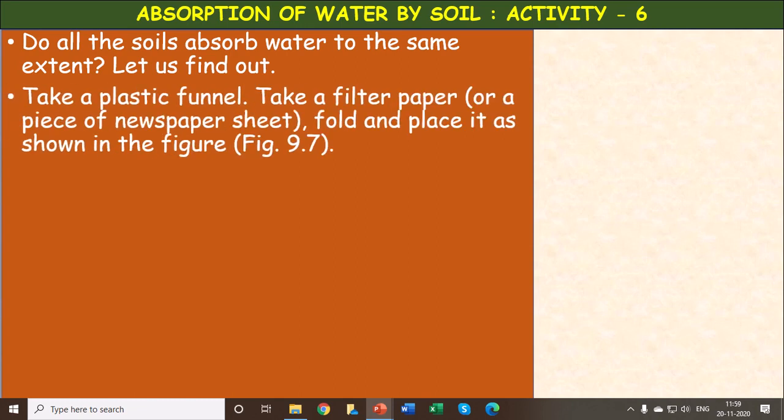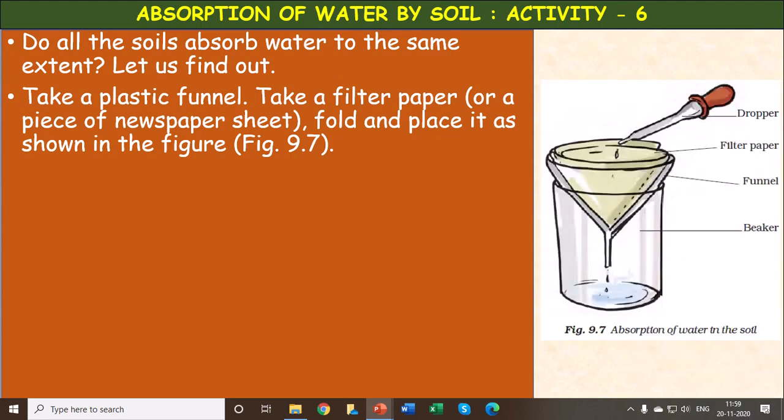Take a plastic funnel and take a plastic paper or a piece of newspaper sheet, fold and place it as shown in the figure here. Absorption of water in the soil. So this is the arrangement: beaker, a thistle funnel, a filter paper, dropper.